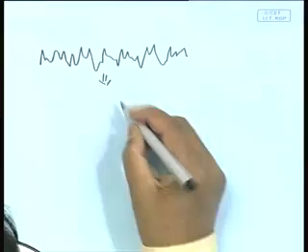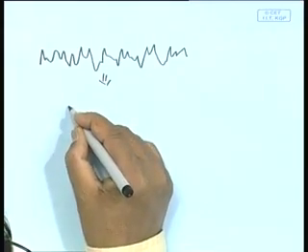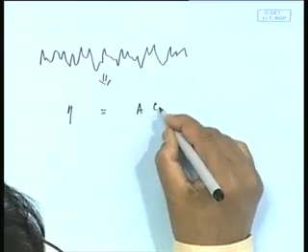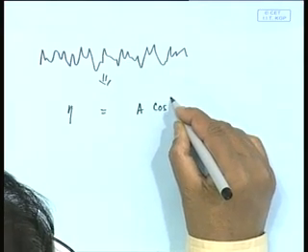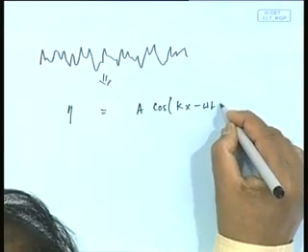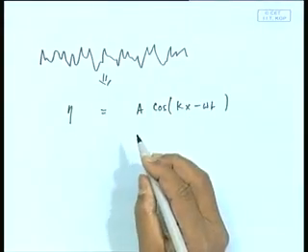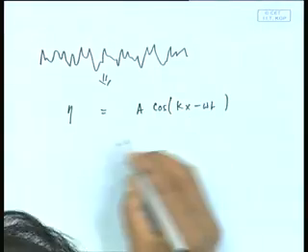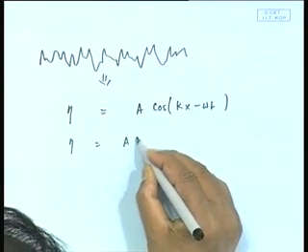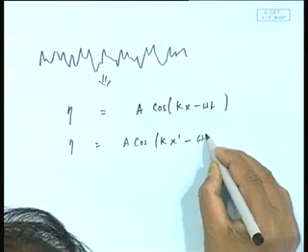Now I will come to it slowly. Eta looks like A cos(kx minus omega t). This is a wave travelling in the positive x direction. Suppose the wave was going in the x dash direction, what would be the formula? It would be eta equal to A cos(k x dash minus omega t).